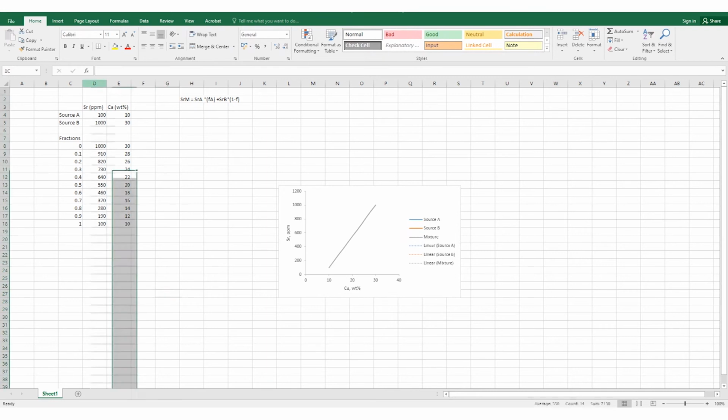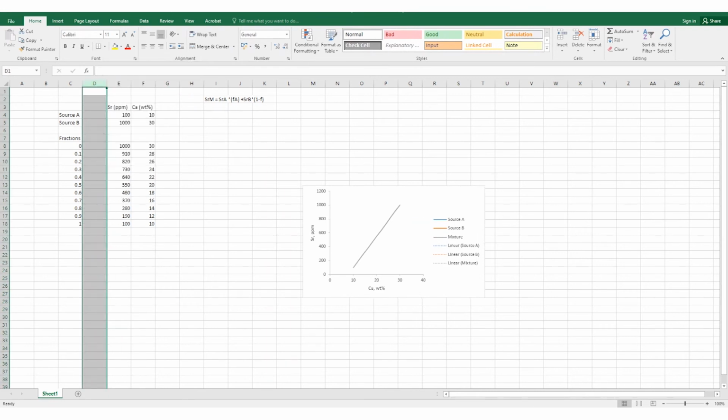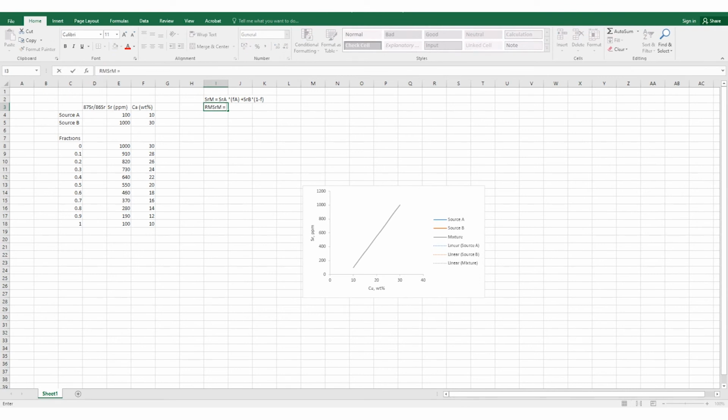Now, instead of these two elements, let us say we use an isotopic ratio, strontium 87 by 86. You remember we discussed that R M strontium M should be equal to R 1 strontium 1 F plus R 2 strontium 2 into 1 minus F. This is the equation that needs to be followed.